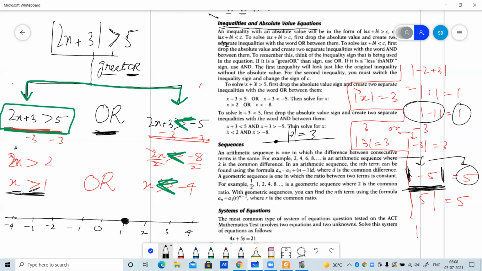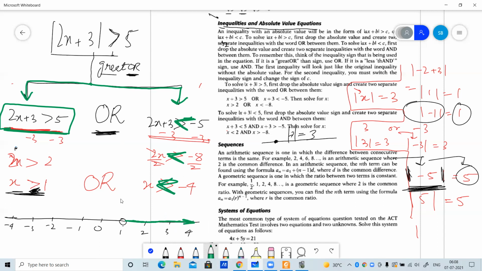But it is x is greater than 1, so I can't say that x is also equal to 1. So I will make a hollow circle on 1. And am I going towards right or left? x is greater than 1, to the right. Correct. So it'll be like this.